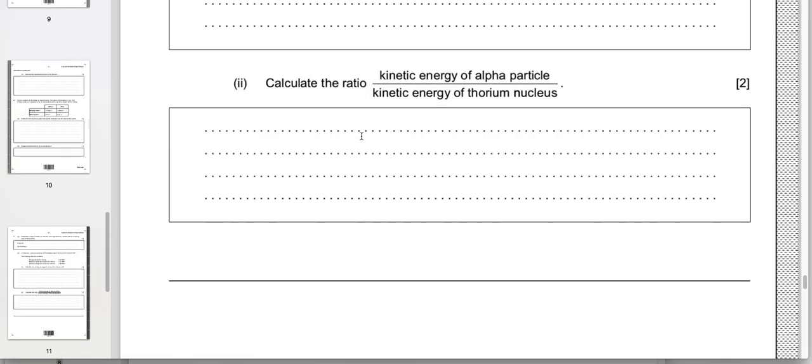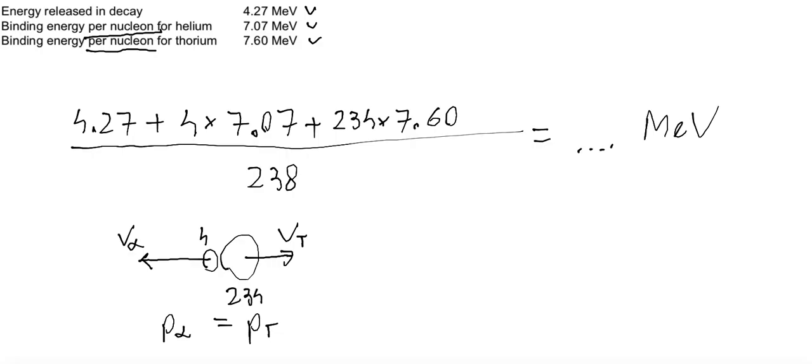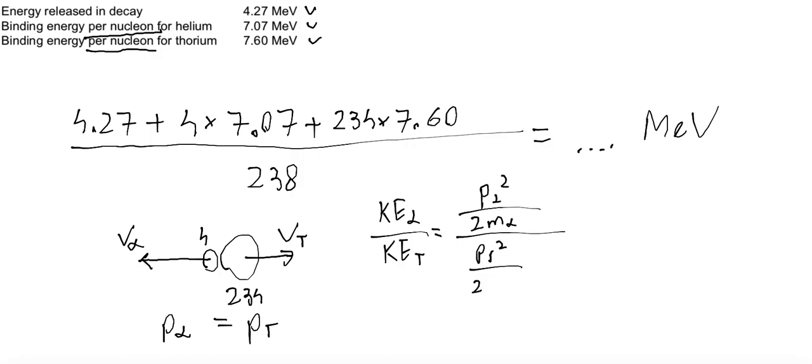And if you want to find the kinetic energy of alpha to the kinetic energy of thorium, then, in my opinion, the best approach is to write kinetic energy in the form of momentum. P squared over 2m is the kinetic energy of alpha, and P squared of thorium over 2m of thorium is the kinetic energy of thorium.